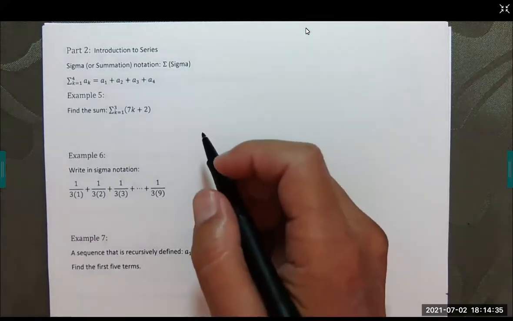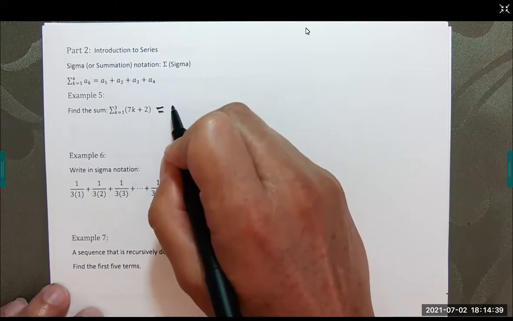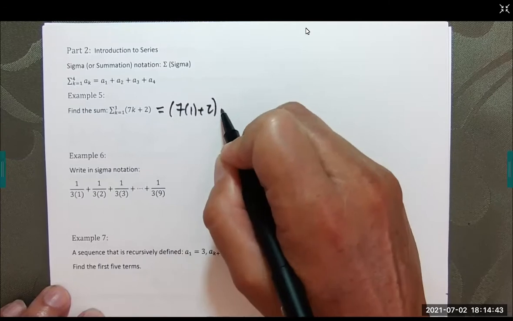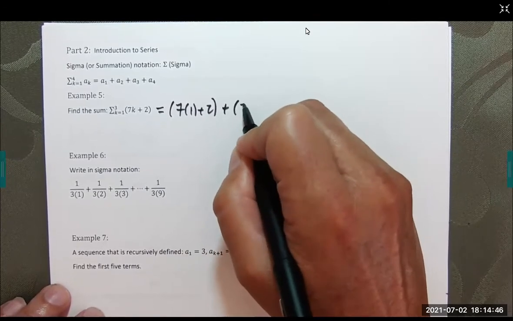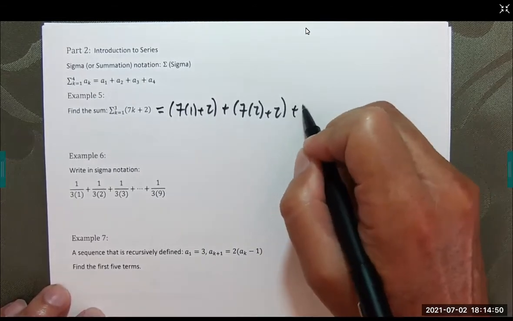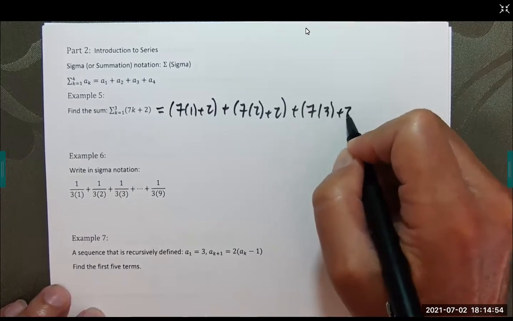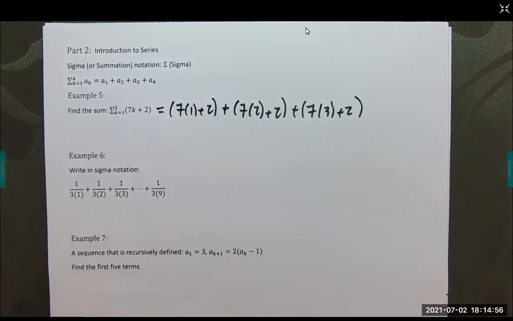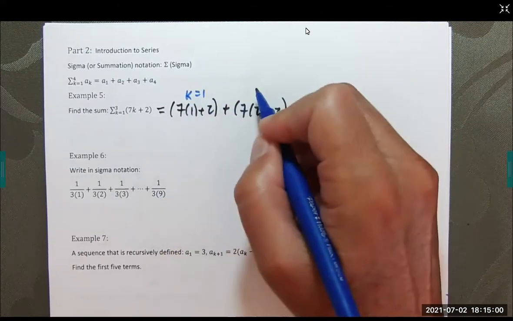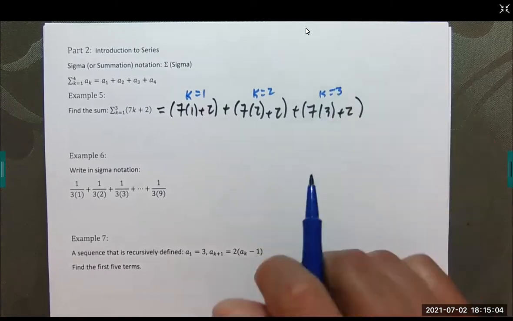So find the sum. So we're going to start with 7 times 1 plus 2, plus 7 times 2 plus 2, plus 7 times 3 plus 2. And this is when we're looking at k. K equals 1, k equals 2, k equals 3, and it says to stop at 3.